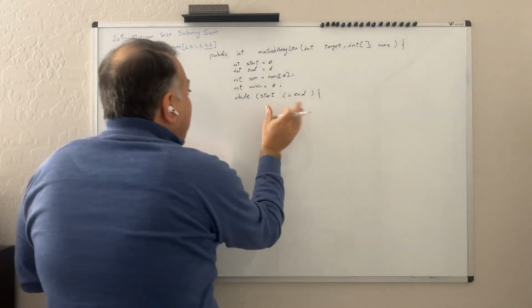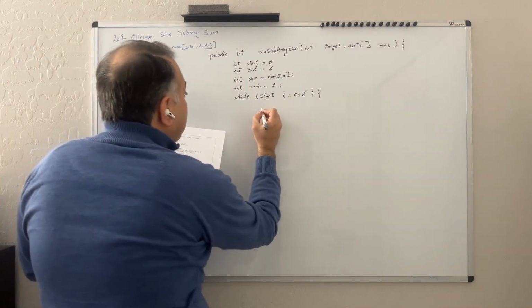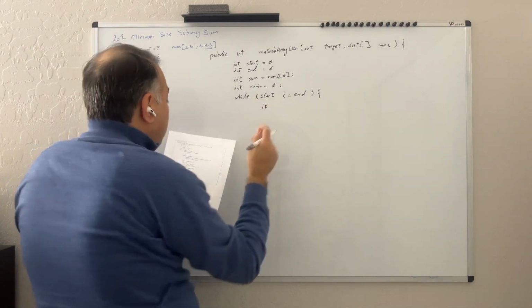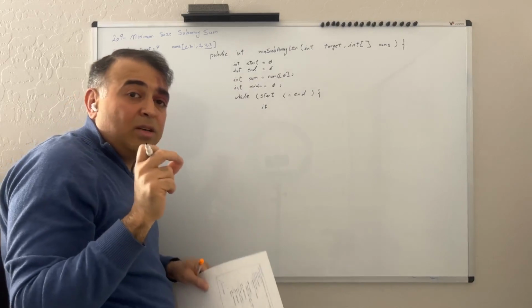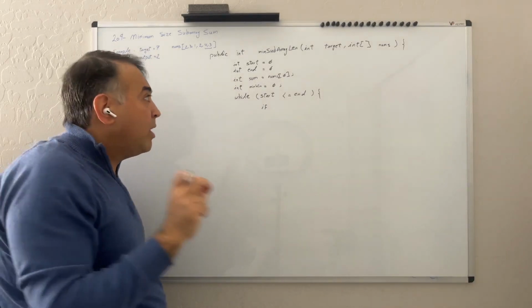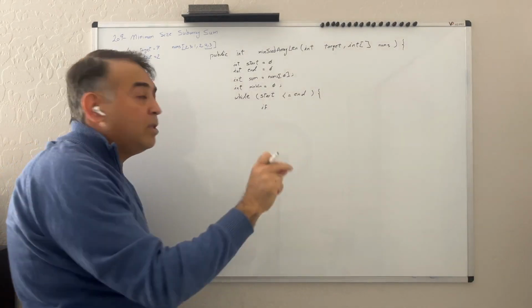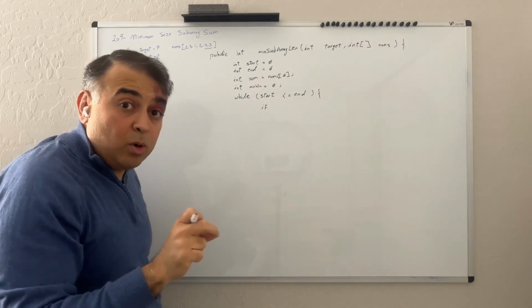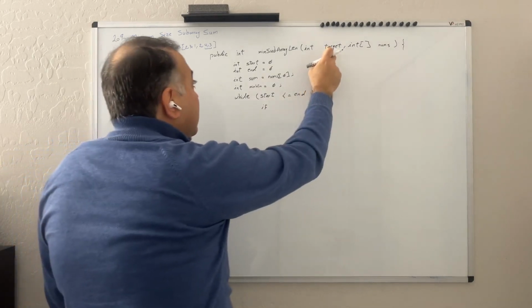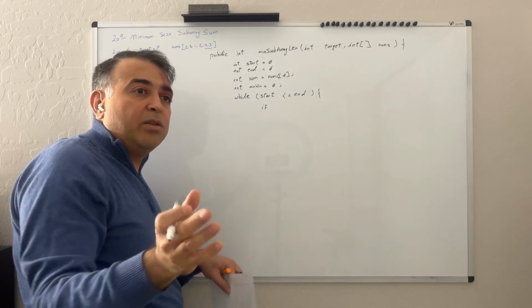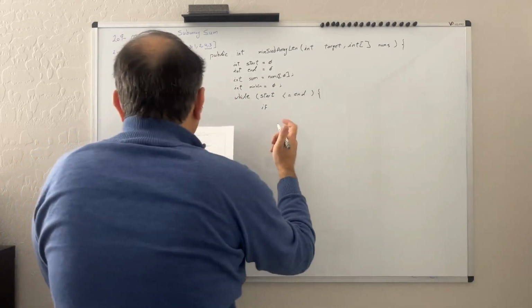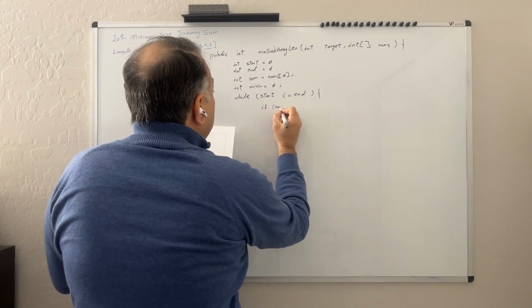So after this, I need to check something. If, for example, the start item that the start pointer is pointing to right now is equal to or greater than the target, we don't need to check the other things. We can return those results.